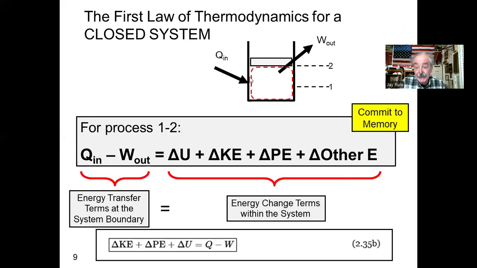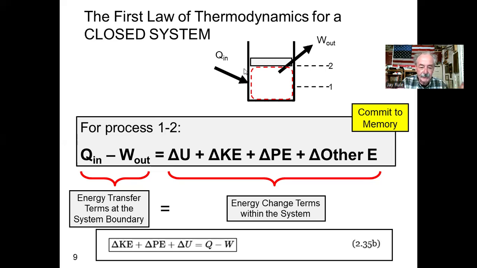Okay, here's my sketch again. And here's the way I was taught. I had some terrific thermodynamics instructors, and they guided me through this. I didn't figure this out on my own. On the left-hand side of the first law equation, I write down the energy transfer terms that are occurring at the system boundary. Notice how heat transfer and work are crossing the system boundary.